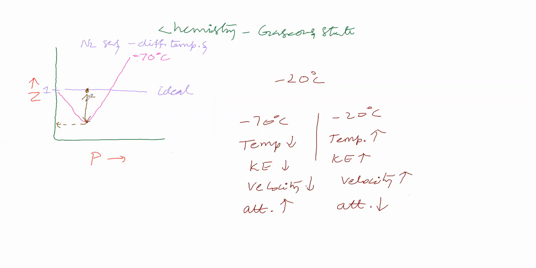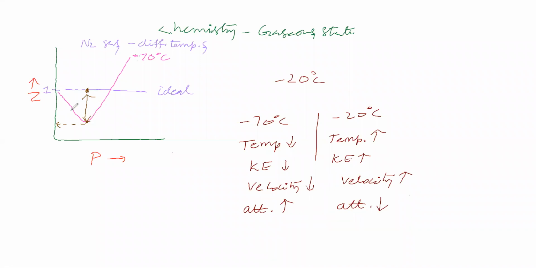If the dip of the curve is more, then the Z value becomes much less. See, this dip of the curve says, at this point, what is the minimum value of Z. For this graph, the minimum value of Z is this much. That is nothing but the dip of the curve, the difference between the minimum value and 1.